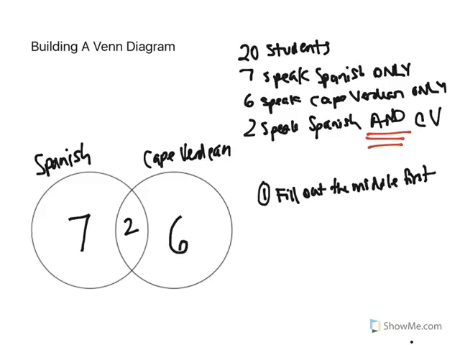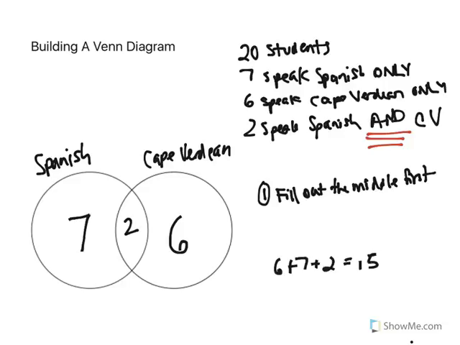Okay, so we are supposed to have 20 students. So let's add them all together and see how many we have. So we have 6 plus 7 plus 2, and that gives us 15 students.